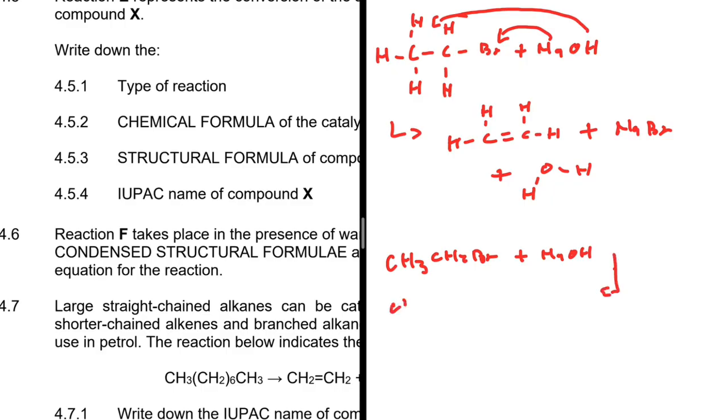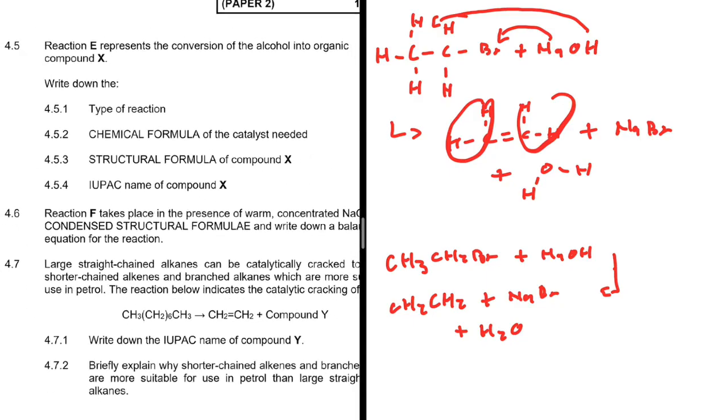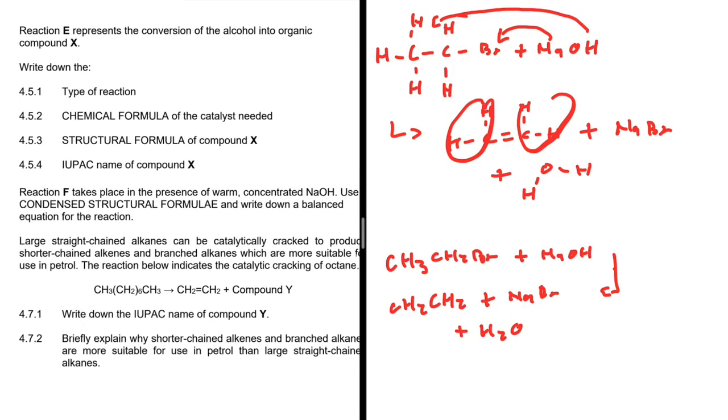This gives us CH2=CH2. As you can clearly see, CH2, CH2. And then plus NaBr plus not NaOH, but H2O. Right, we have H2O there. So there we go. That is the condensed structural formula for reaction F.